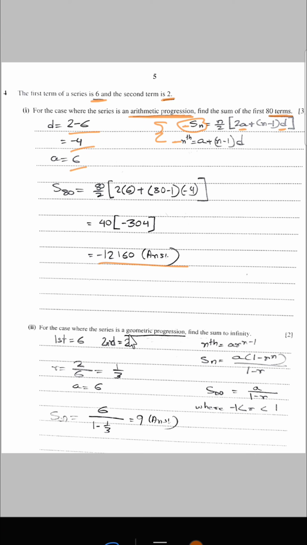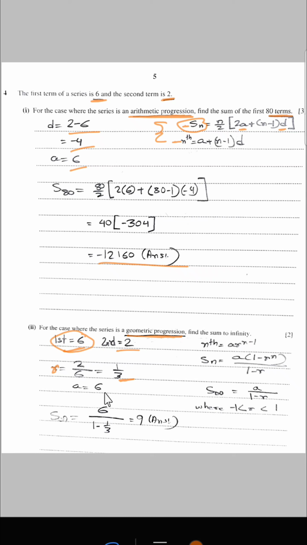For the case where the series is geometric, we now need to find the value of r. We know the value of a is 6, since it is the first term. The common ratio r would be the second term divided by the first term, that is 1 by 3.